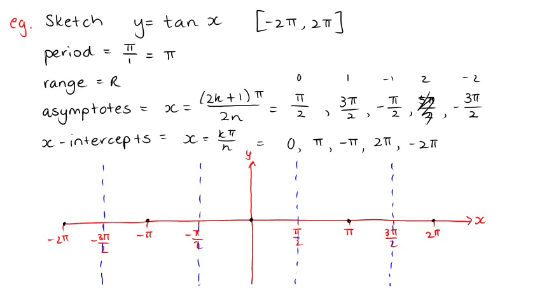It's a positive tan graph, right? It's not a negative in front, so we know that it's going to start up at the top right and go down to the bottom left. So all you have to do is basically just kind of draw it in so that the point of inflection is at the x-intercept.